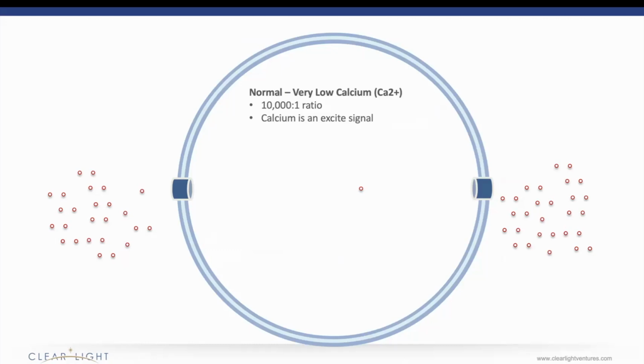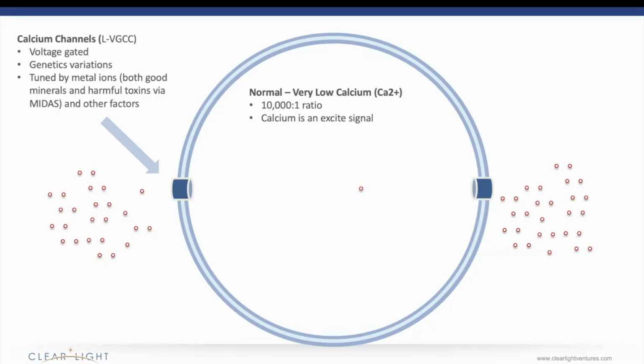And when a calcium ion comes in, it's an excite signal. It kind of says, hey, wake up, something important is happening. Like a lion is chasing you, or something could be positive. I'm about to perform. I'm about to give a talk. I'm about to meet an important person. So excite, make sure you're not undertuned, and make sure you're ramped up for performance. That's what this signal is.